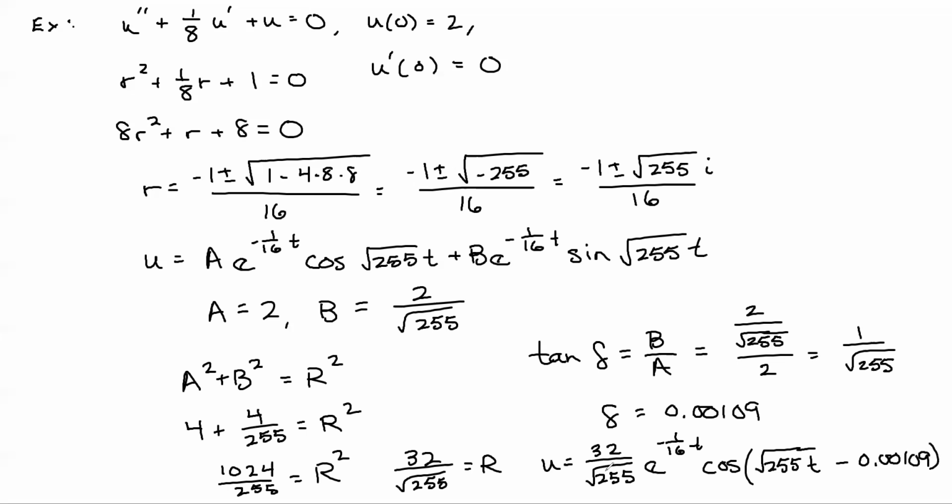All right, so that's our equation of motion. And then the question is, what is the quasi frequency? Ooh, whoops. This is supposed to be root 255 over 16. I forgot the 16 here, and here.